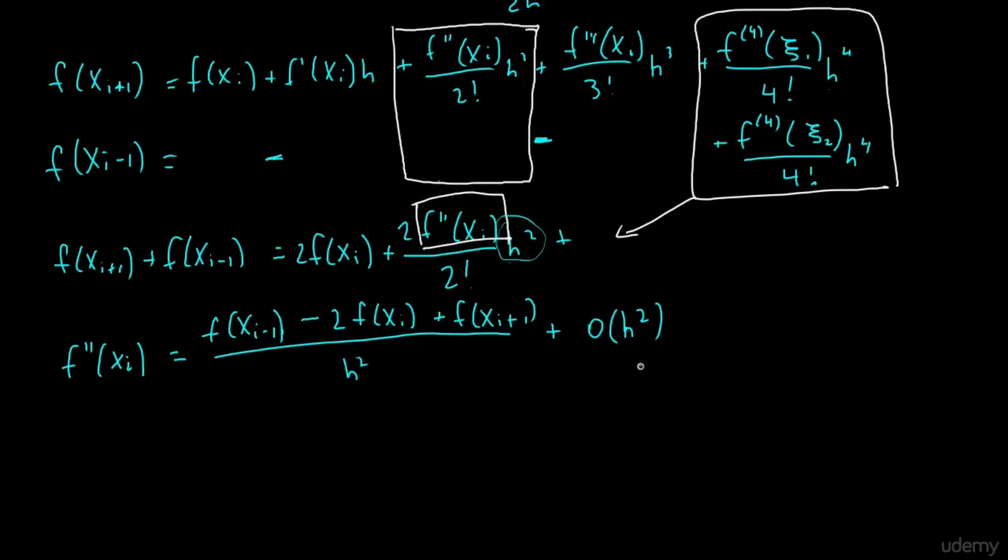So on the right, we have h to the 4, both divided by h squared, and this is why we get this kind of error term. So this basically once again shows that the central differences for the second derivative are pretty good, because they give us an O of h squared error term.